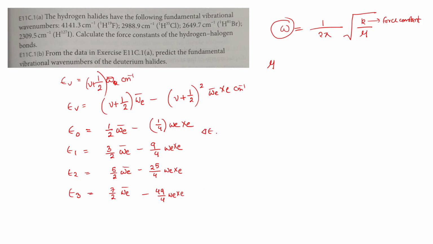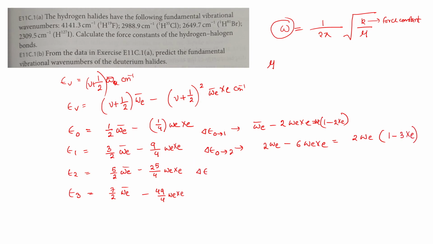So what is the transition gap? For delta E 0 to 1, that gap is ωe minus 2 ωexe, which is nothing but ωe common, 1 minus 2xe, right? For delta E 0 to 2, we will get something like 2 ωe minus 6 ωexe, which is nothing but, if you take common 2 ωe, 1 minus 3xe.